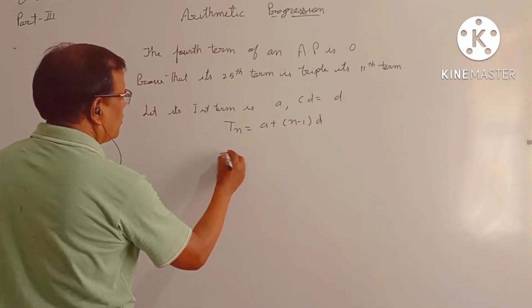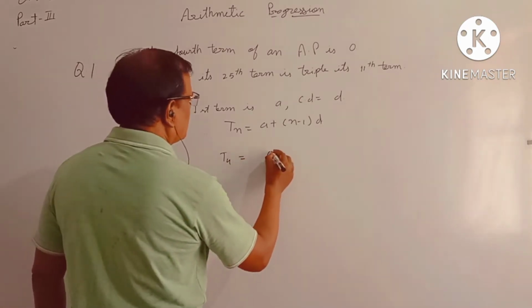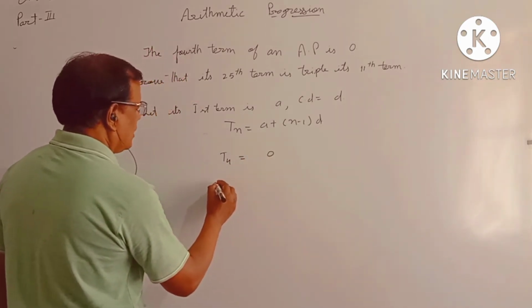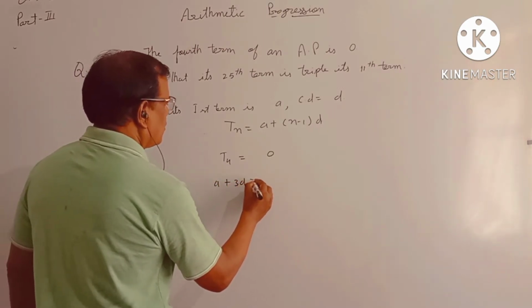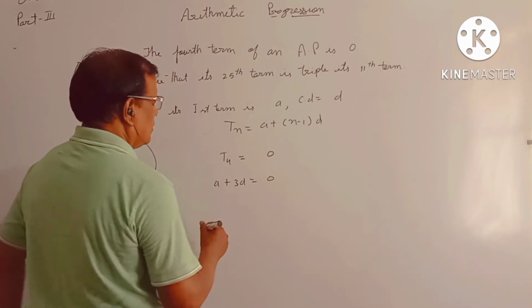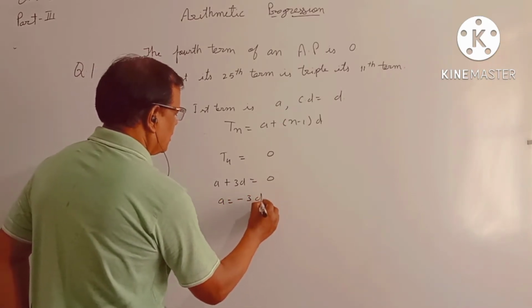So T4 equals 0, that is A plus 3D equals 0. Now A equals minus 3D.